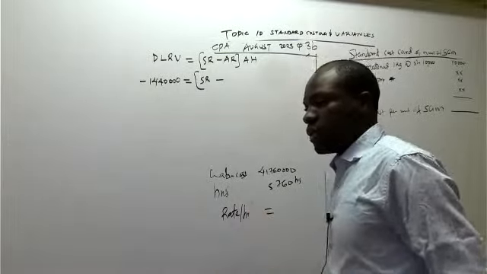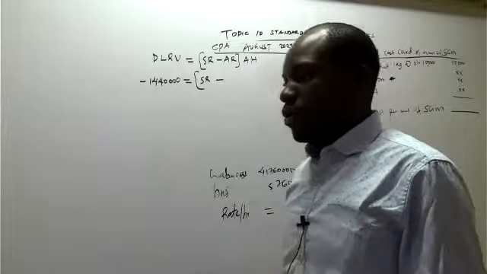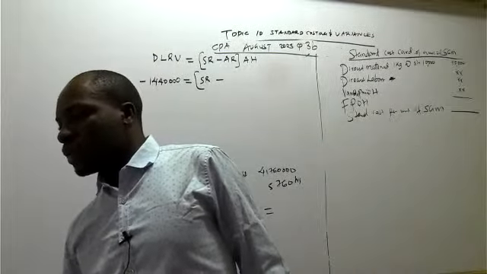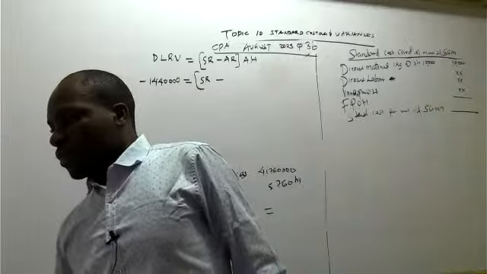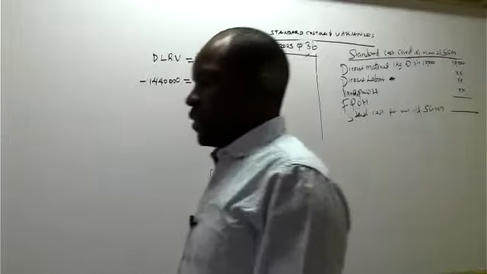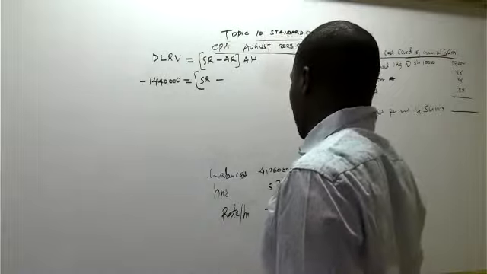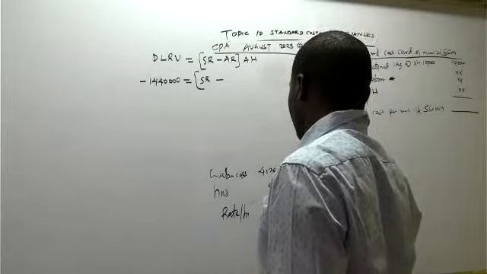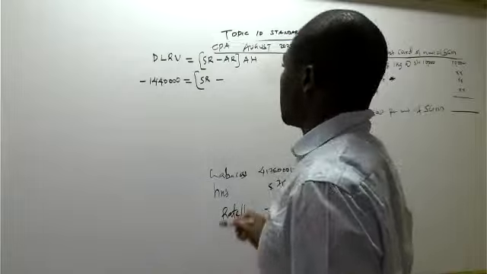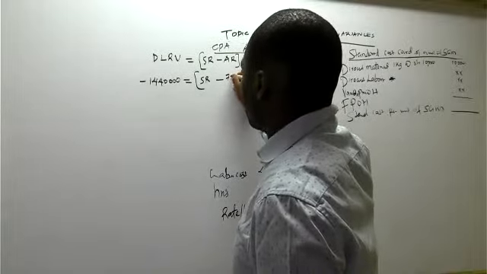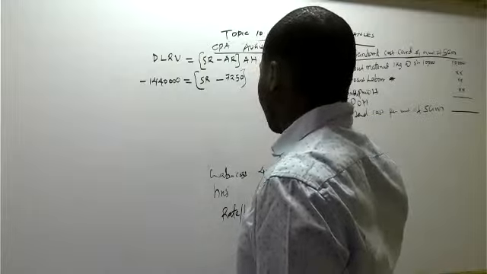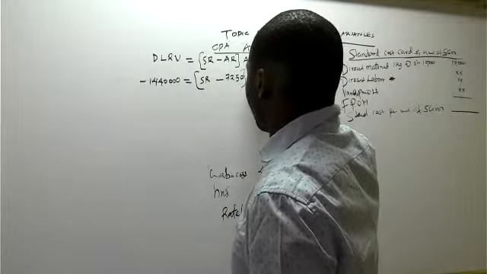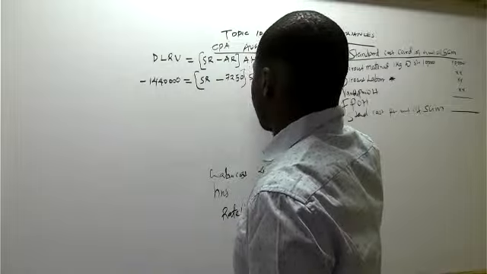What is the labor rate per hour? It is 72.50. So when you divide this one, you are getting 72.50. So I'll come here and take 72.50, which I divide by actual hours, which I'm able to see is 57.60.